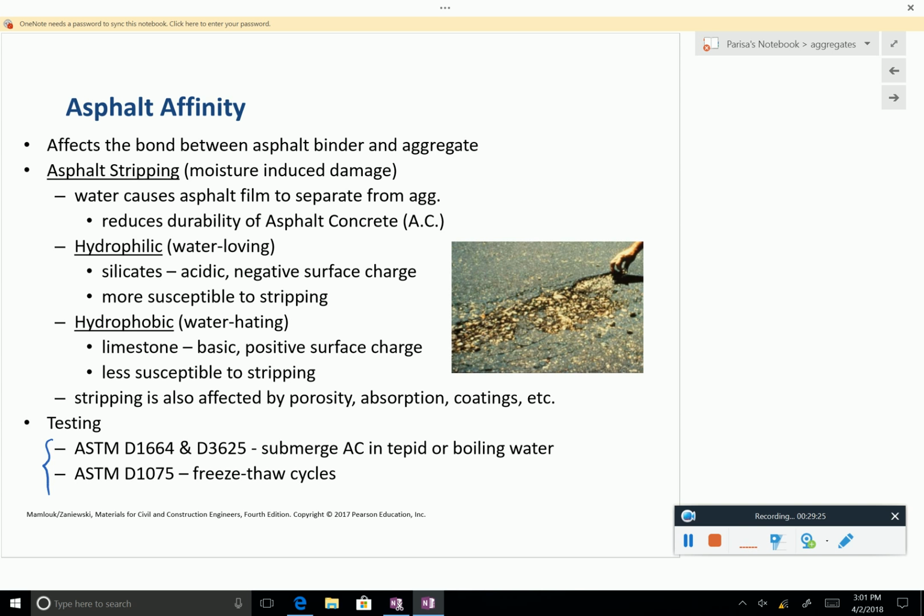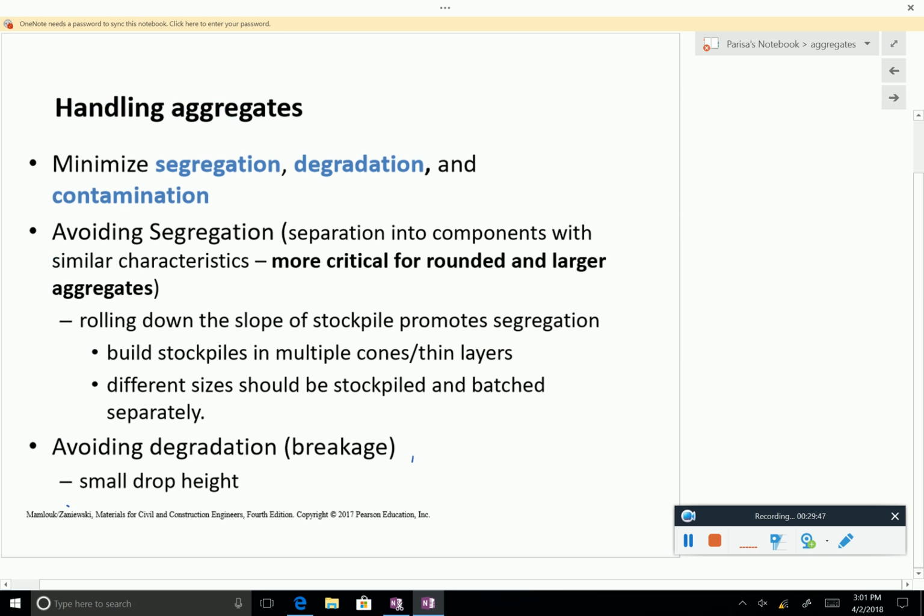That's why there are tests to make sure that the aggregates do not have such properties. One thing that we know is, for example, the aggregates which are from limestone are less prone to this kind of problem. We'll talk about this a little bit when we talk about asphalt concrete later on. We'll get back to that.